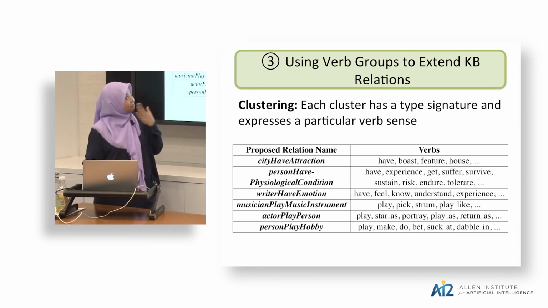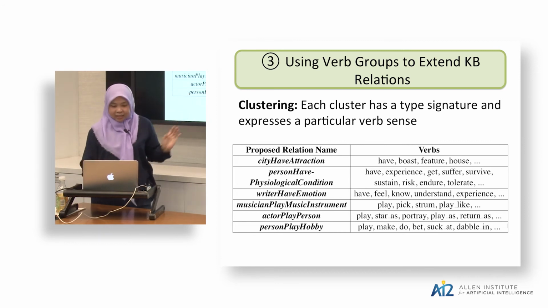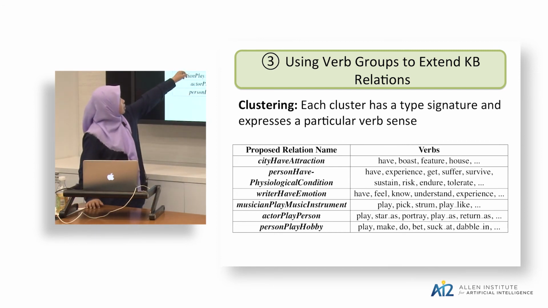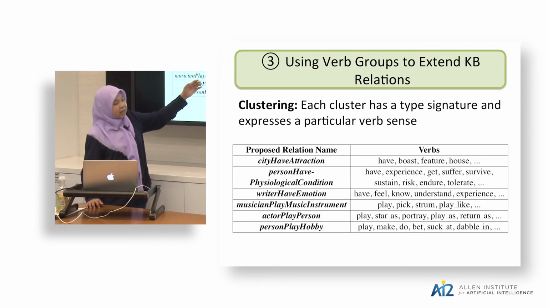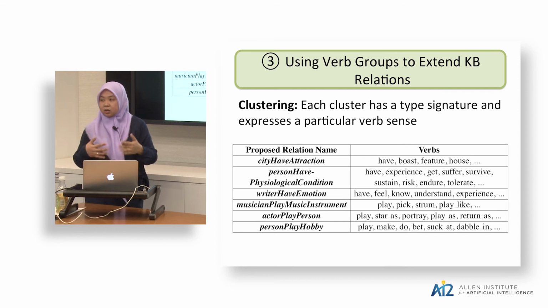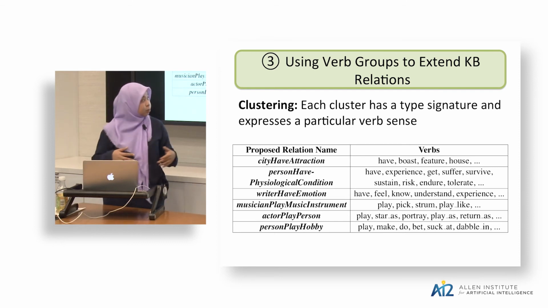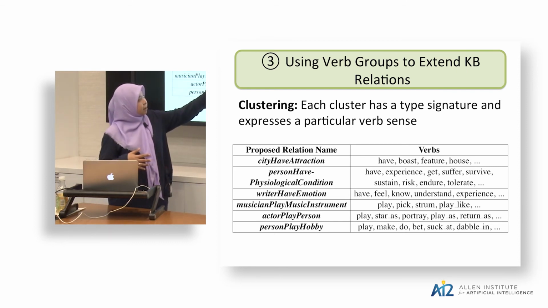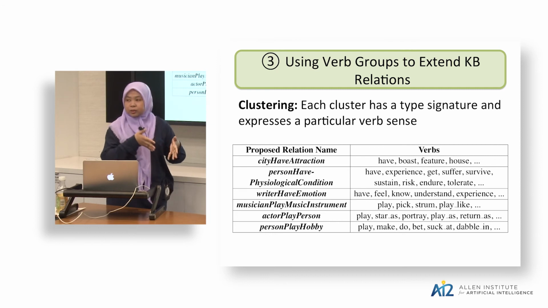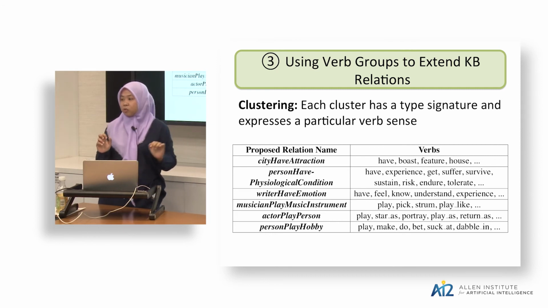And so as a result, we can see here that for some very highly ambiguous verbs, such as have, like city have attraction, person have physiological condition, adding the type and clustering based on this type, as well as the distributional similarity, can help us actually produce the right sense of the verbs.